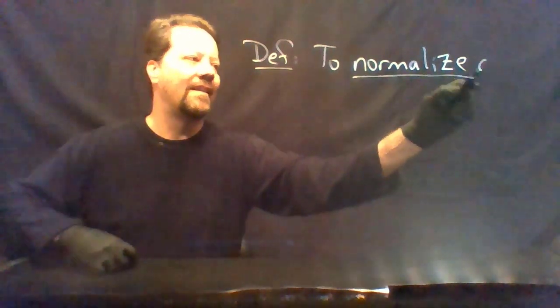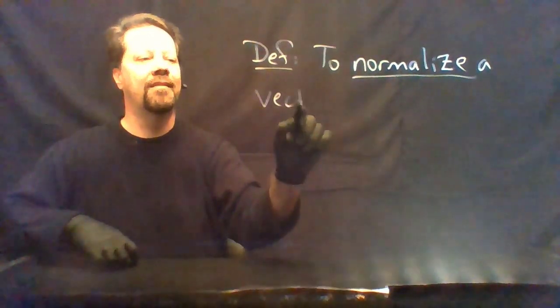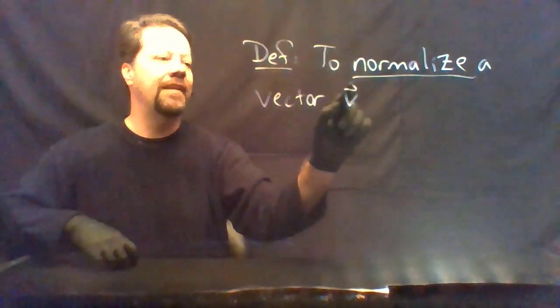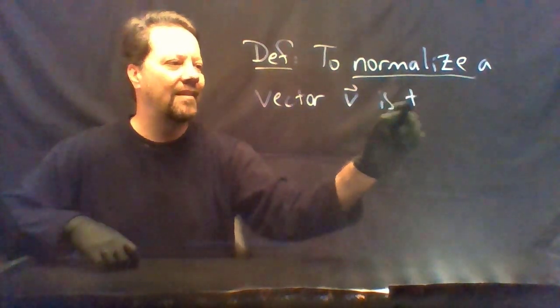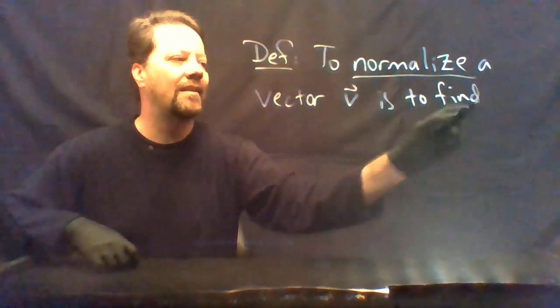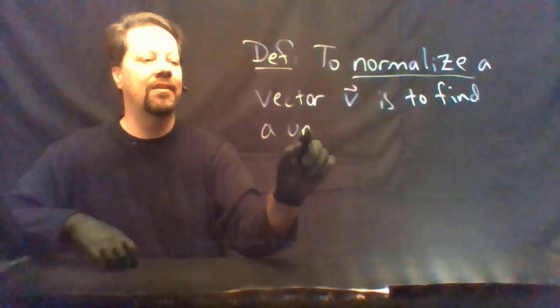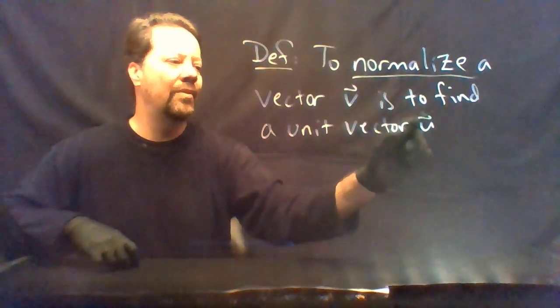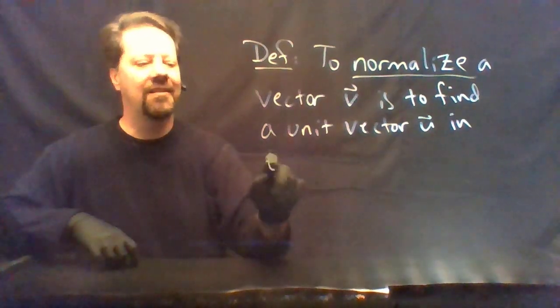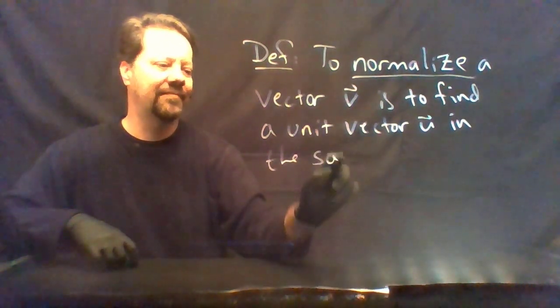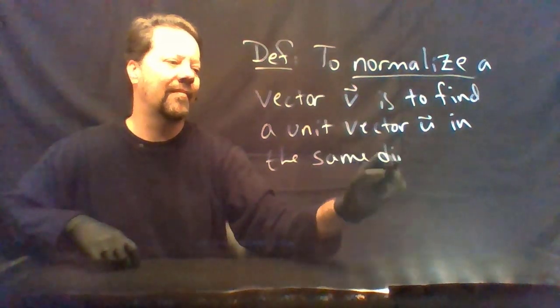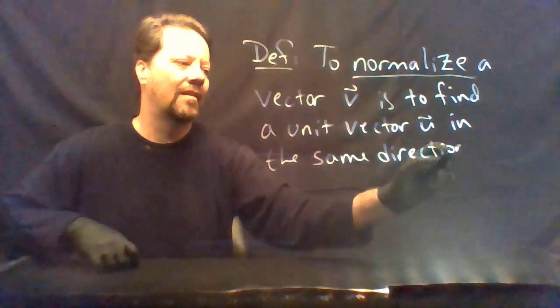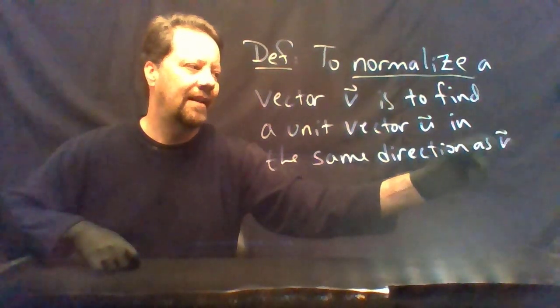To normalize a vector v is to find a unit vector u in the same direction as v.